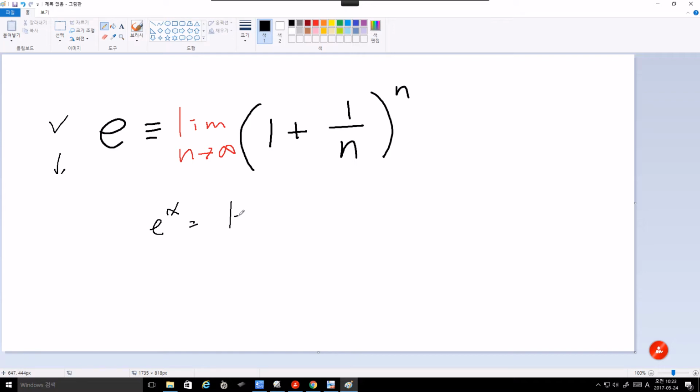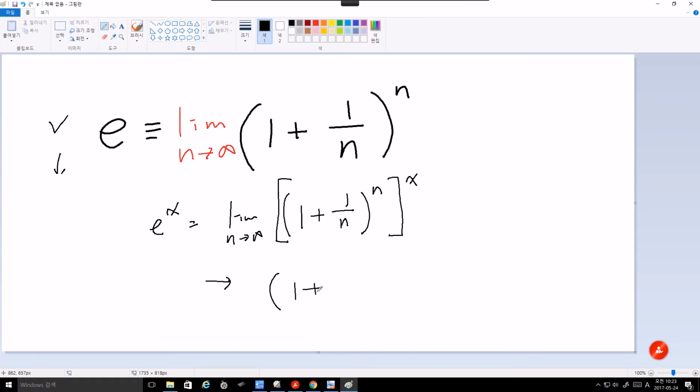Then it is lim n to infinity (1 plus 1 over n) to the power of n, and then this entire thing you can make it to the power of x. Then it is, of course, let me write down only this part, (1 plus 1 over n) to the power of nx.